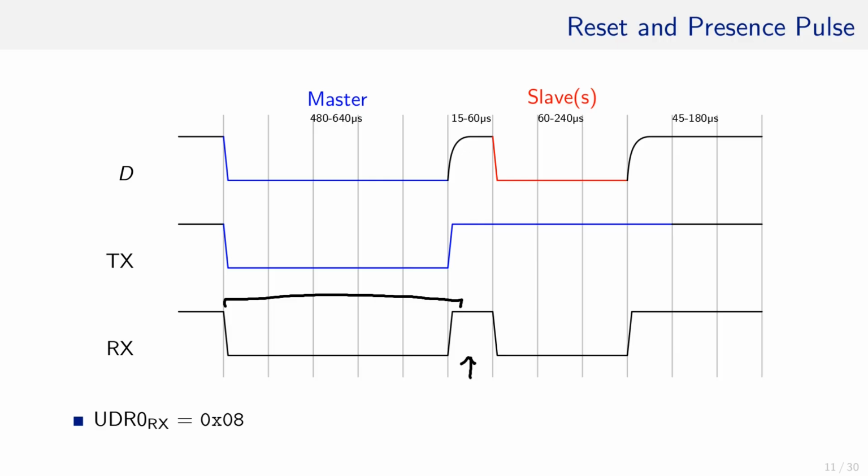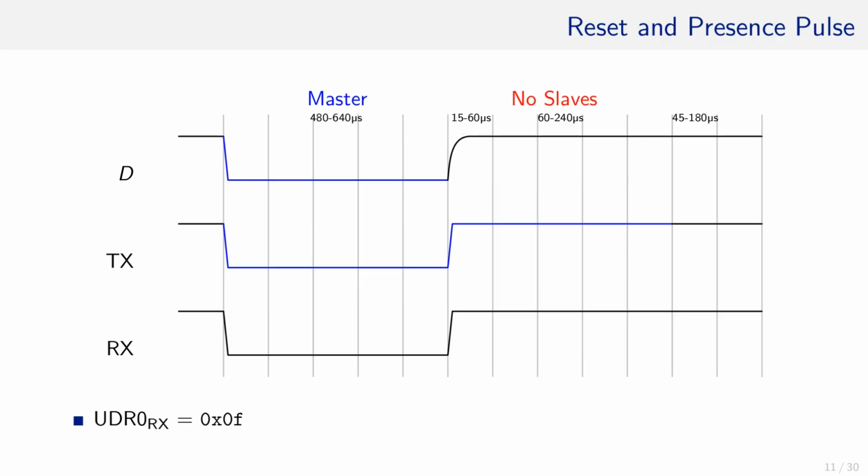If they react within 15 microseconds, this spike here might be too narrow to be recognized. However, the lower bits in the RX buffer should read 0 if slaves are present. If there is no slave present, then those bits will read as 1 and RX will be the same as TX.